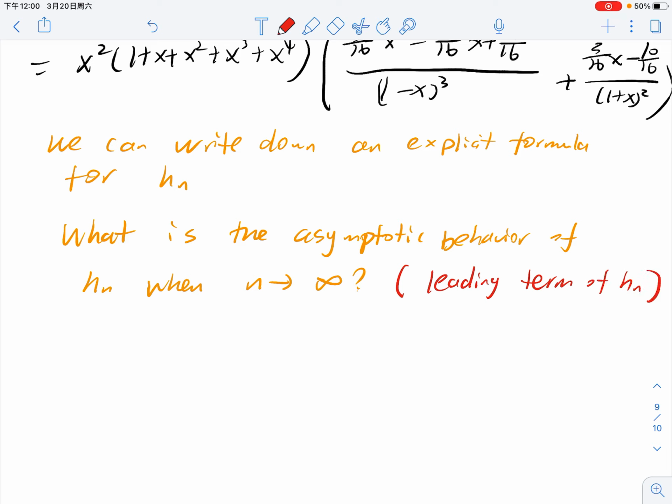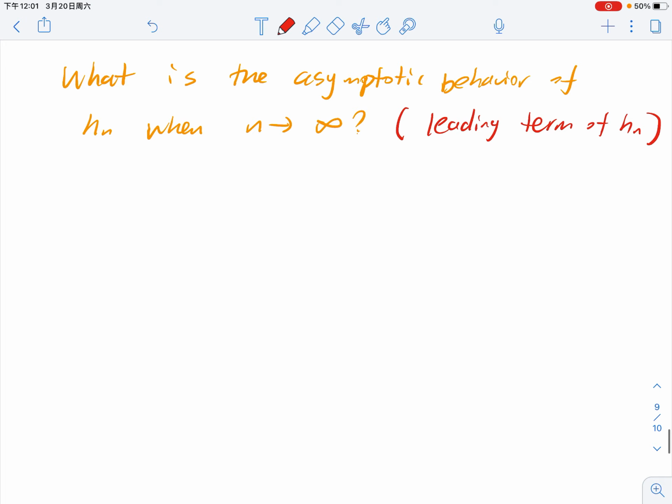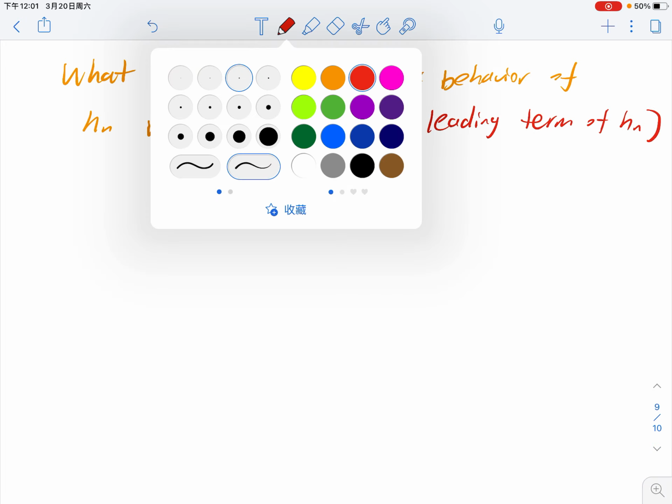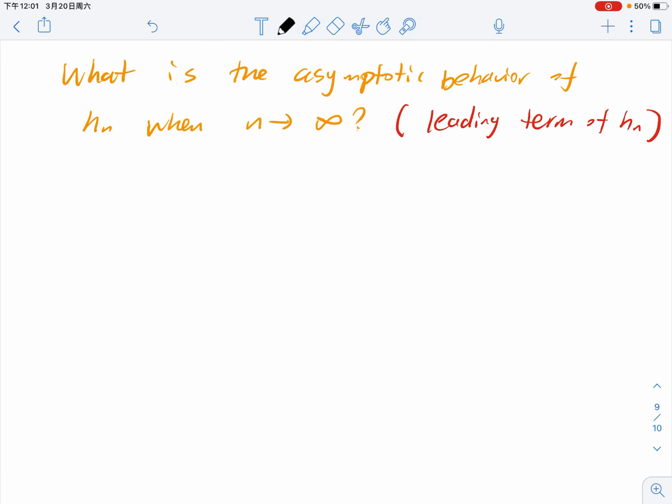From the previous formula, we know that H_n must be a polynomial. And the leading term dominates the asymptotic behavior when n goes to infinity, so it's the most important one. And from the formula, we do have the information of the leading term.